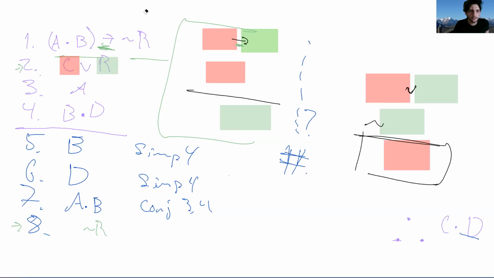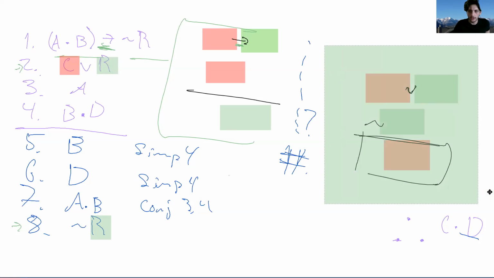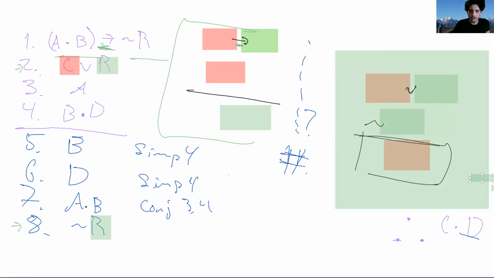Because all we have is, let's put this in blue, we have not R down here. Well, what's the green box? When we look at what we're supposed to correspond to, that's our green box. And so in fact, we have a perfect match for DS. Look over here, right? We have this or statement, and then we have one of the sides being negated. That's what gives us, at the end of the day, the pink one.